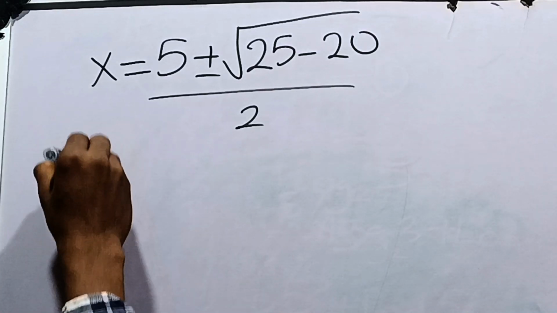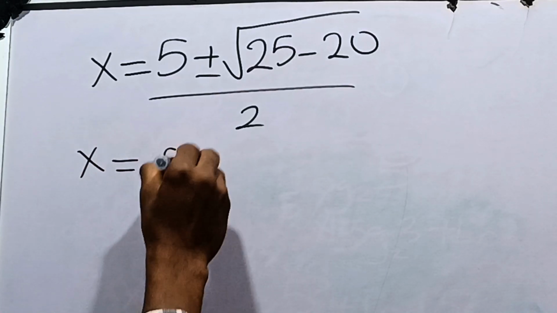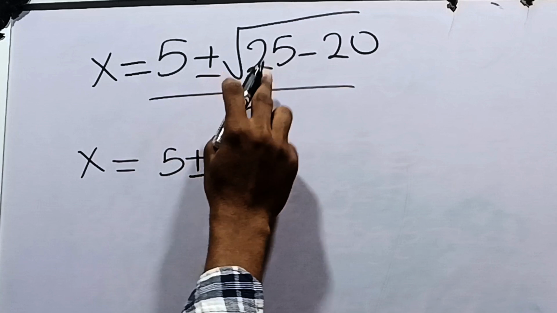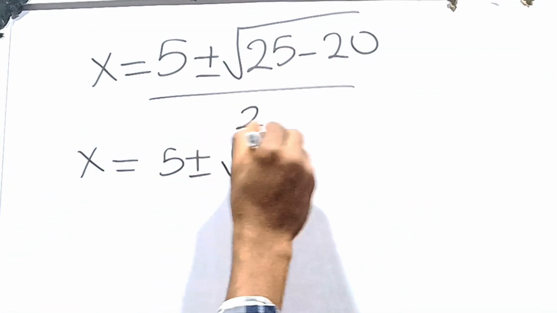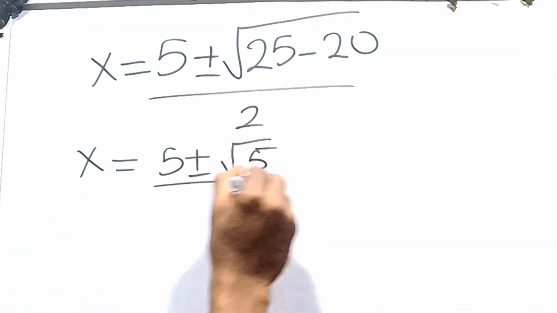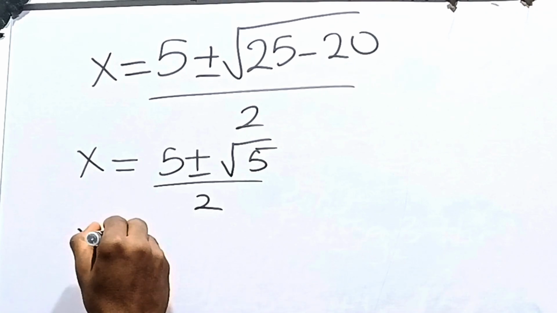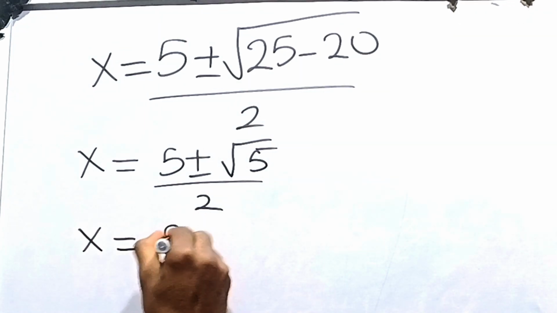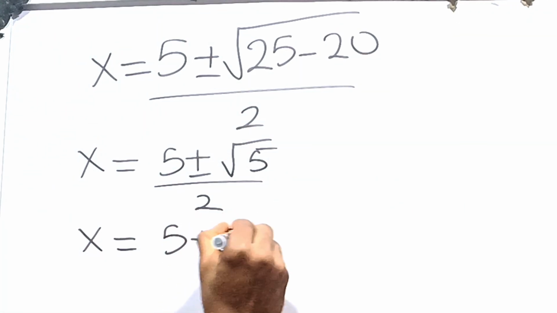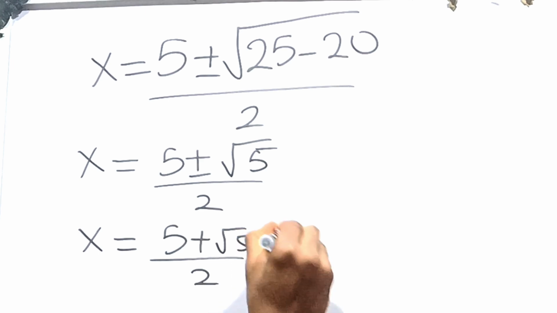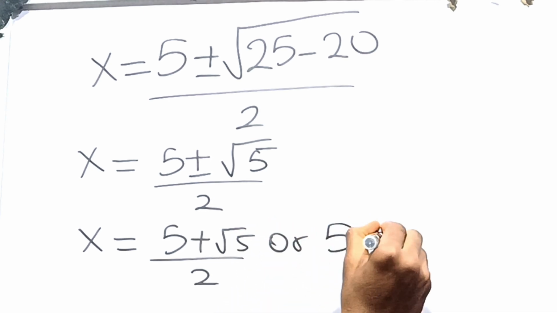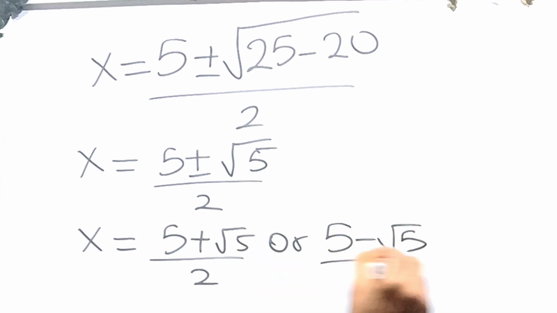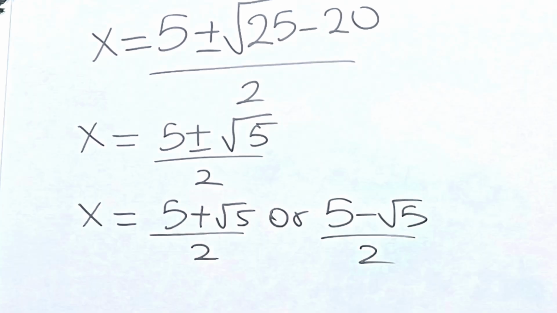Our x can be equal to 5 plus or minus the square root of 25 minus 20, which is 5, so we have root of 5 divided by 2, so that our x is equal to 5 plus root 5 over 2, or 5 minus root 5 all over 2. So these are the values for our x.